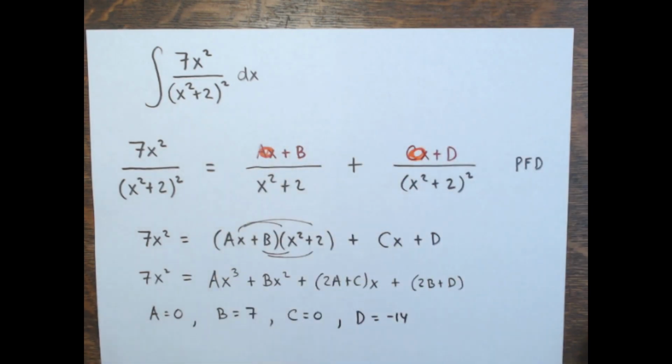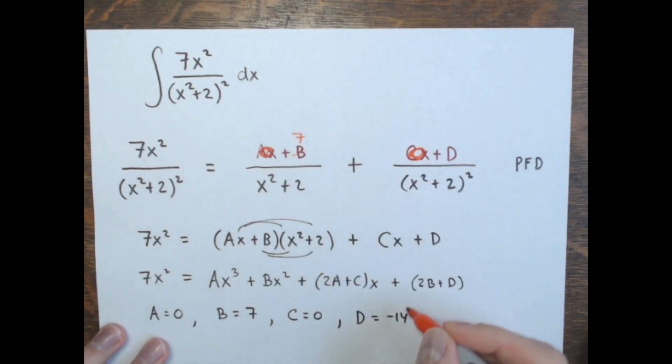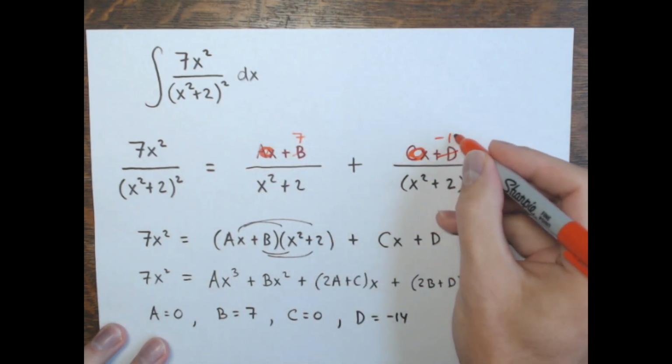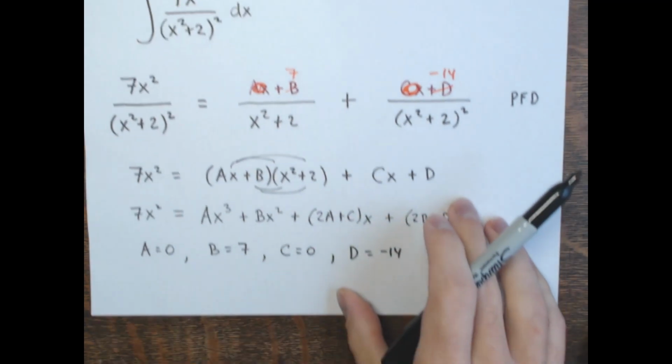Now again, this doesn't always happen. Please understand this. Just because this happened in the last two examples doesn't mean it will always happen. You may end up with linears instead of just constants above these quadratics or powers of quadratics. And then b is 7, and d is negative 14. So we're taking the following integrals.